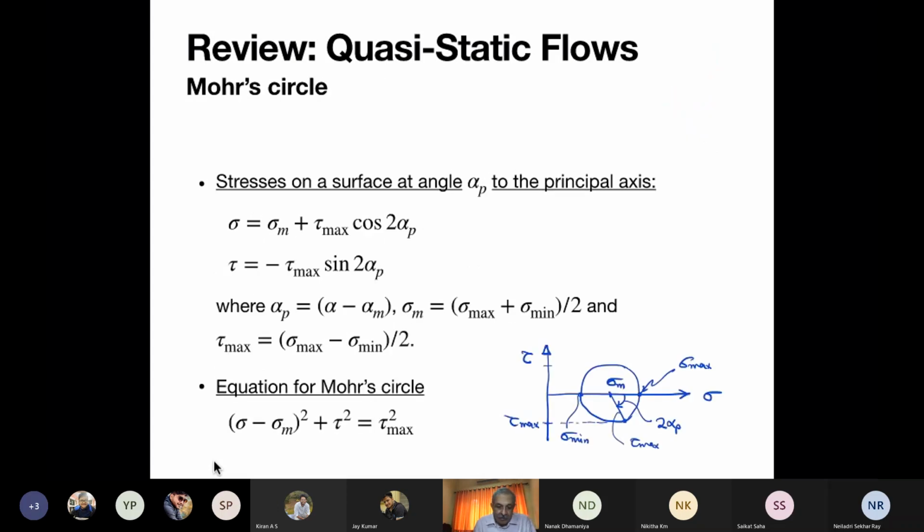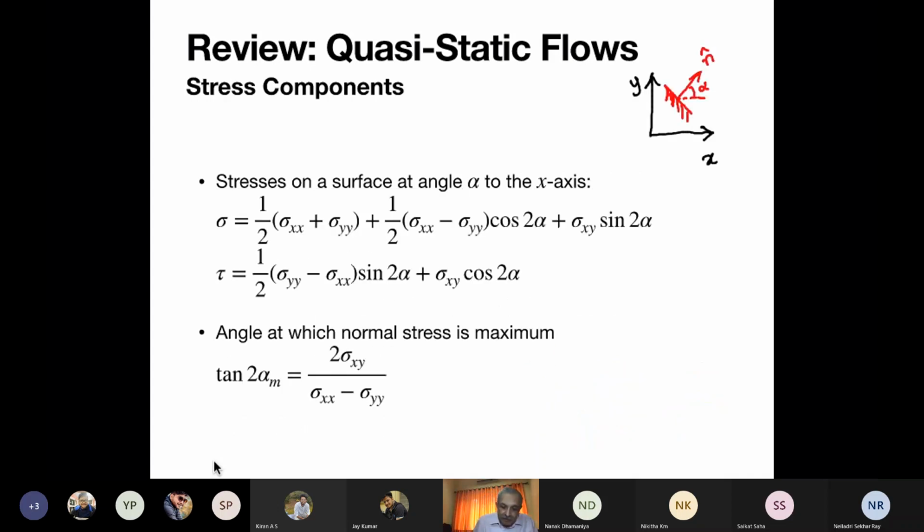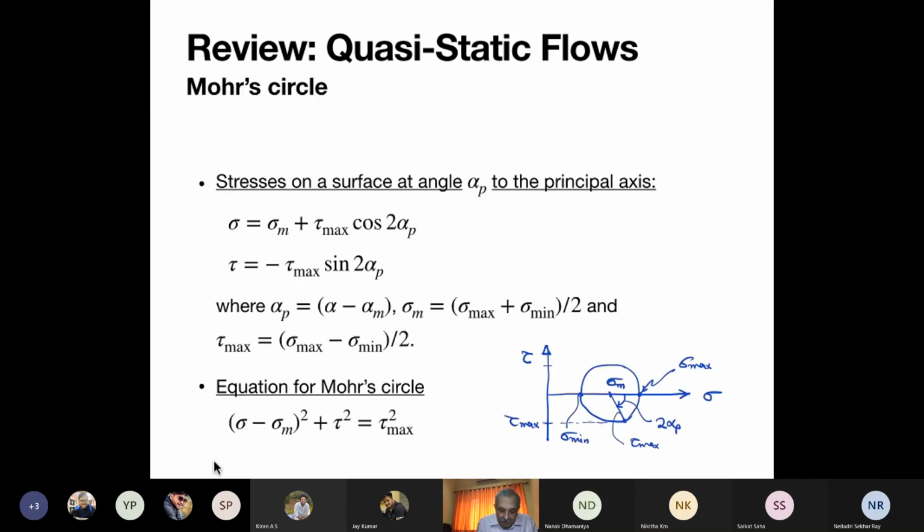And then if we rewrite this same equation in terms of alpha p, which is defined as just alpha minus alpha m, then the normal stress is given by this, and the shear stress is given by this.